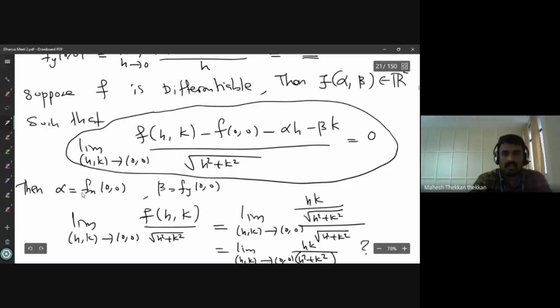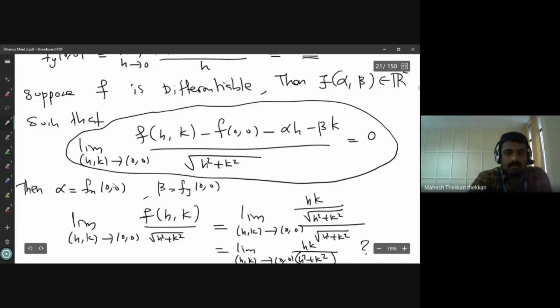Then only we say f is differentiable at (0,0). Then that alpha has to be fx at (0,0) and beta has to be fy at (0,0).